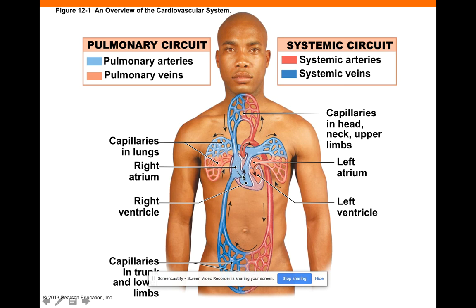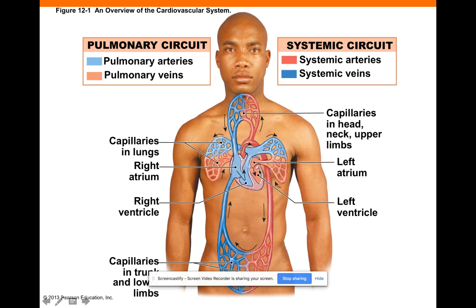Once it comes back from the body, it needs to be pumped out to the lungs. The lungs are responsible for reoxygenating that blood. So the blood is pumped to the lungs, where it picks up the oxygen, and once it's picked up the oxygen, it has to head back to the heart. So we see that blood head back to the heart.